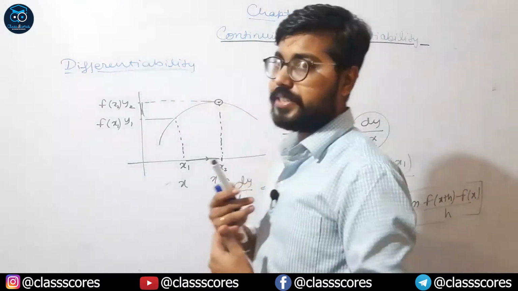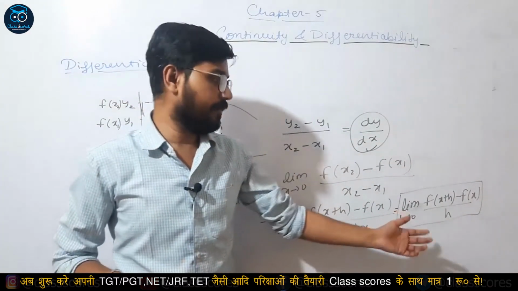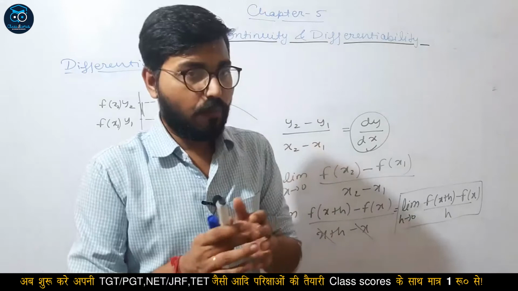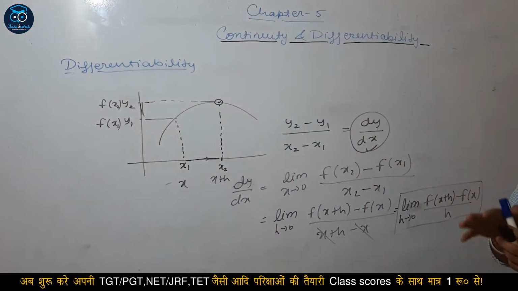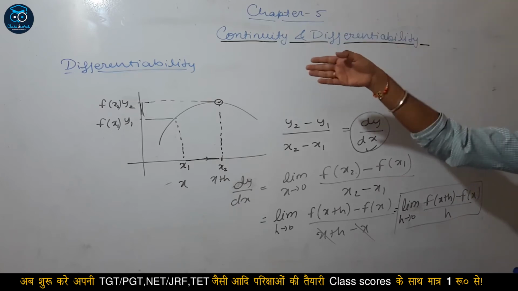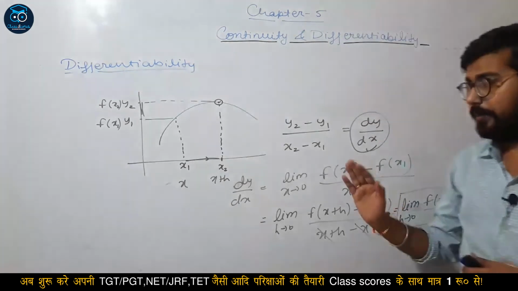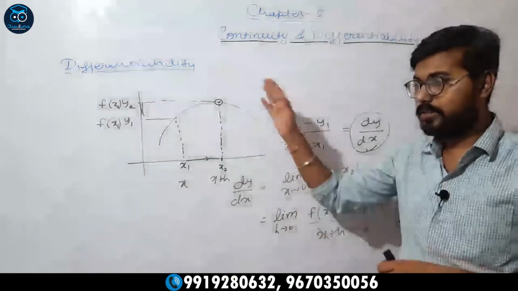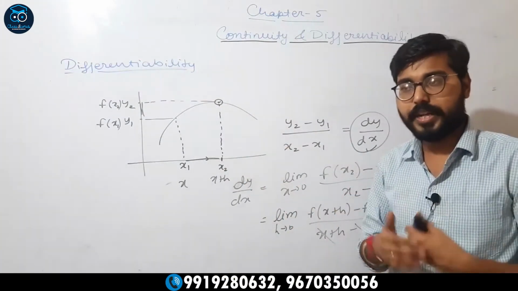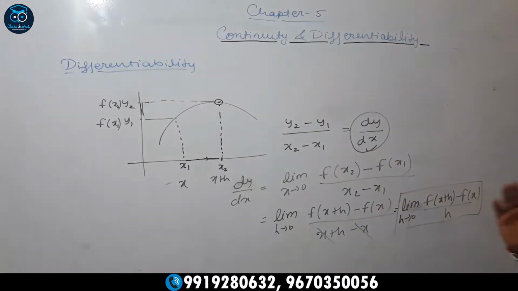This we already studied in class 11th in limits and derivatives. Now we just have to use the formulas for differentiation which we already proved in class 11th chapter 13, limits and derivatives. We just use those formulas and solve some derivative problems. I hope it is clear to all of you.